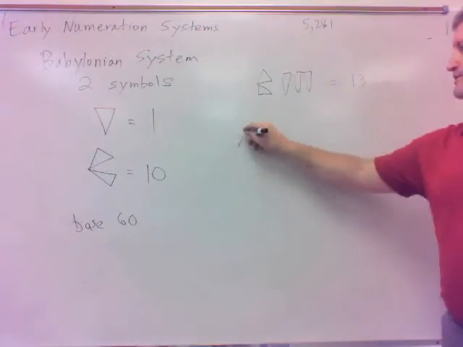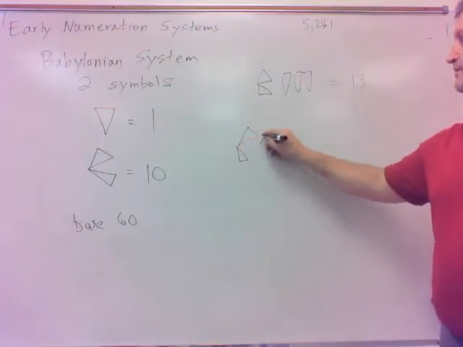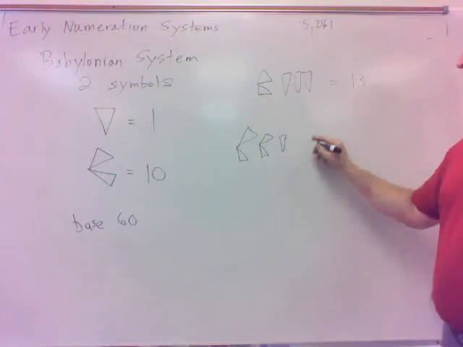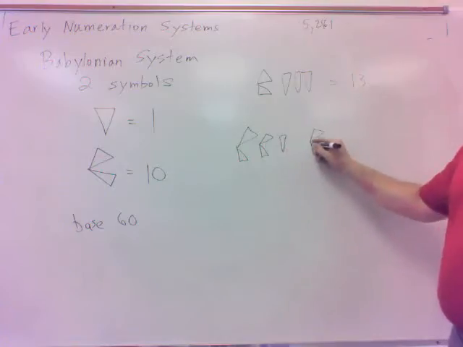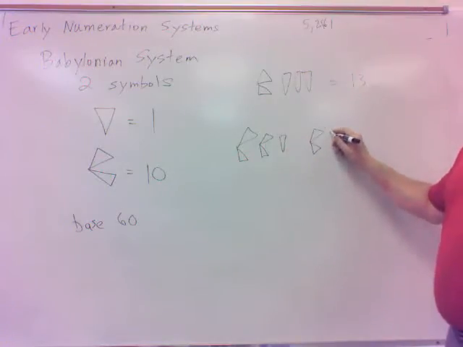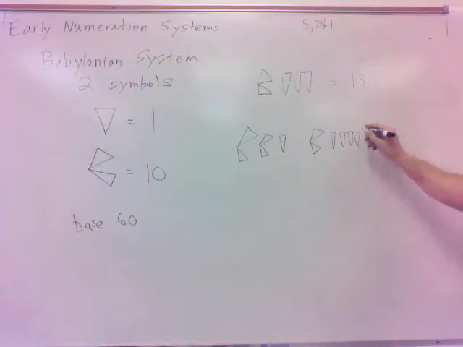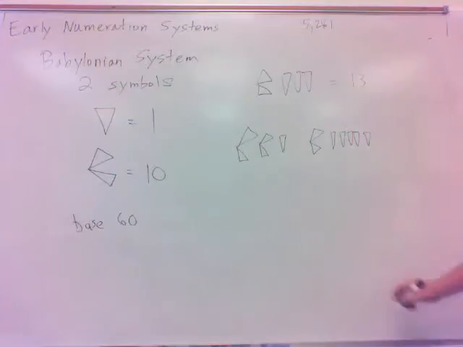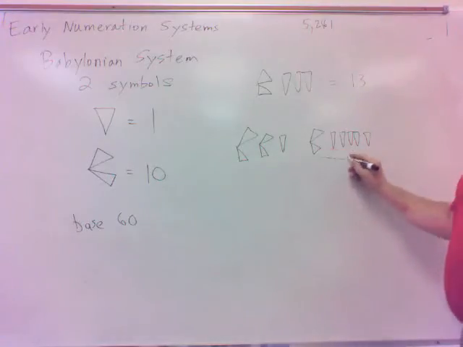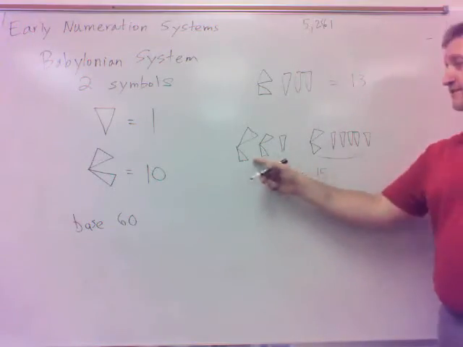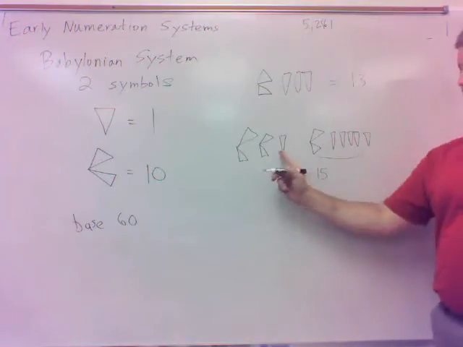However, what they would do is if they had, say, 2 double wedges and 1 single wedge, and then another group here of a double wedge and then 5 singles, they would put them in groups like this. And this, of course, is the 15, right? And this, of course, is 21, 10, 10, and 1, right?